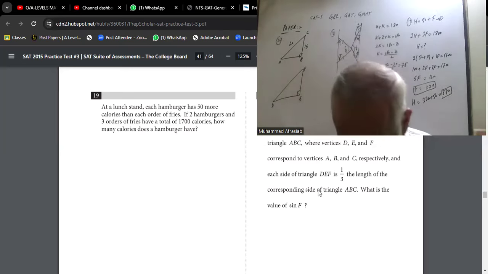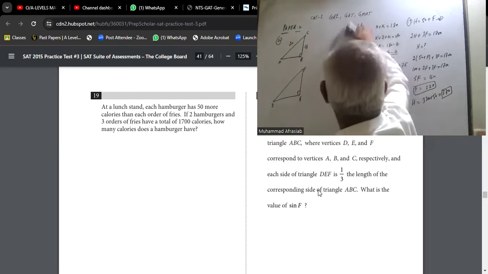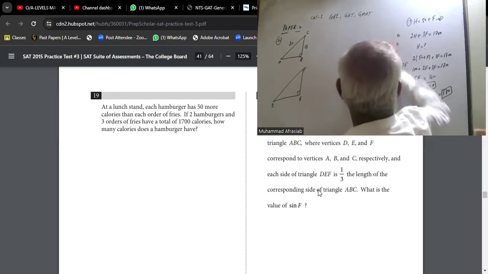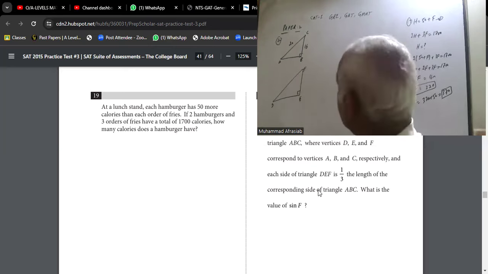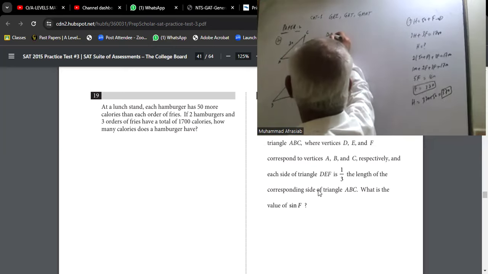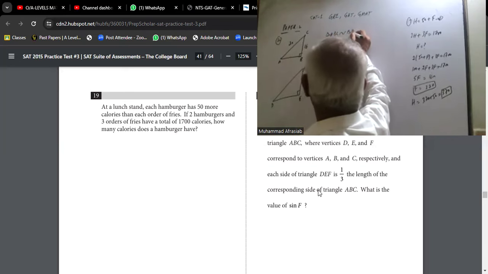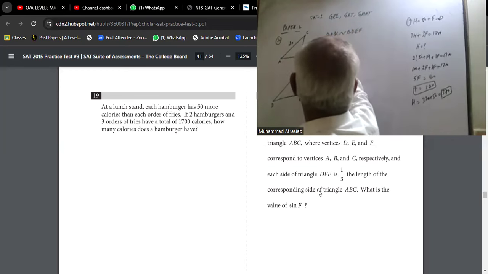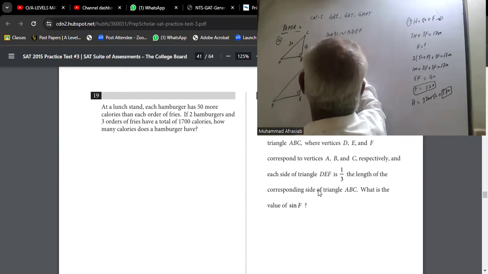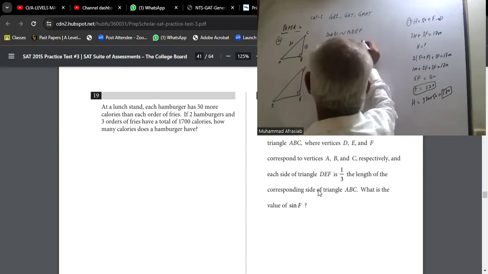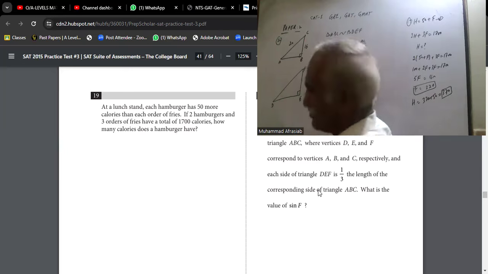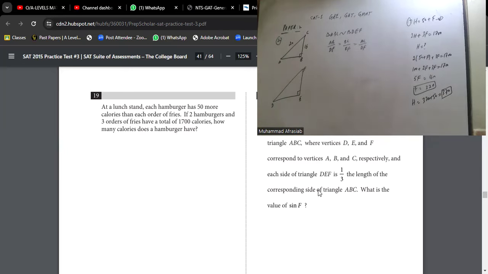So triangle ABC is similar to the triangle DEF. So when they are similar, then they have a constant ratio between these two. And each side of DEF is 1/3 of the length of the corresponding sides of this triangle ABC.